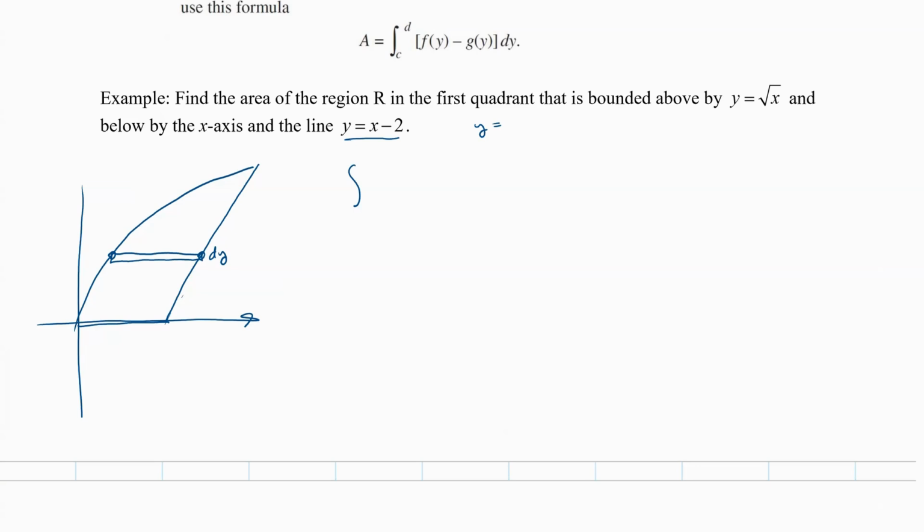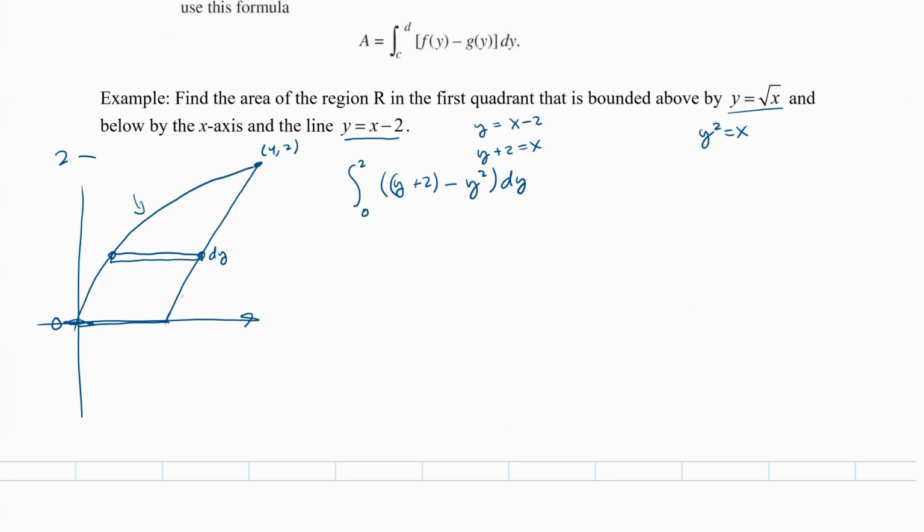It was originally written as y equals x minus 2, but if I solve for x, I can see that the curve further to the right is the y plus 2 curve. What is the curve further to the left? That'd be y squared equals x. So y squared dy. And we want to go from the lowest y, which was 0, to the highest y. Remember, we determined that this was the point (4, 2). So the highest y is 2. So from 0 to 2.